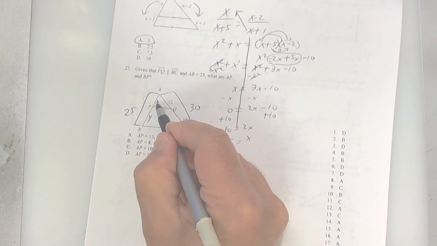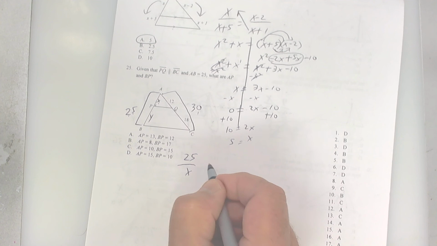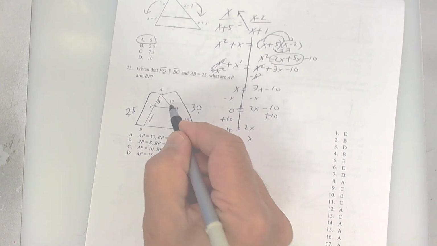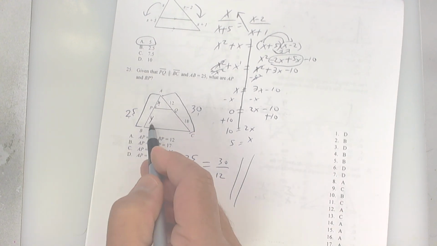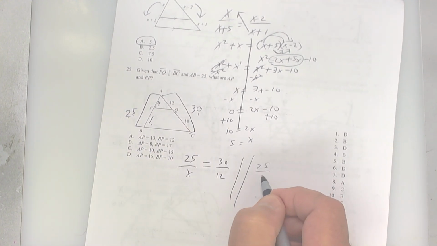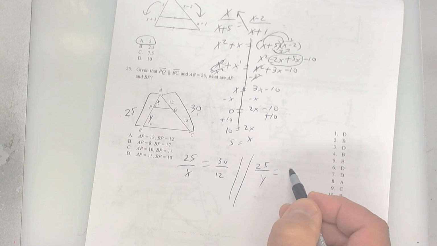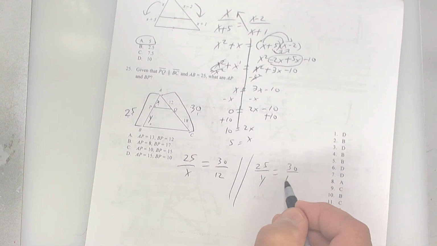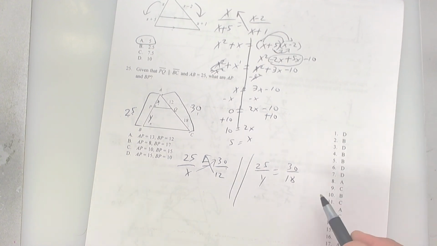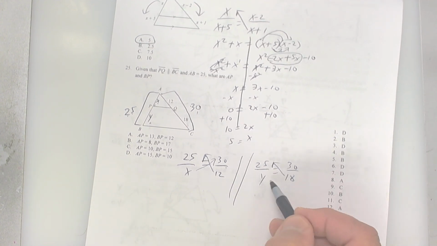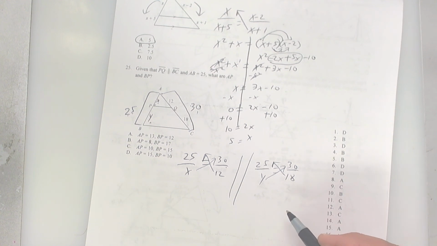The top piece, so the whole thing over the top, and then the whole thing over the top. That's the pattern, and that's going to work. And then I'm going to do the whole thing over the bottom, which is y, and then the whole thing over the bottom, which is 18. You're going to cross multiply, divide by 30, you got your answer.